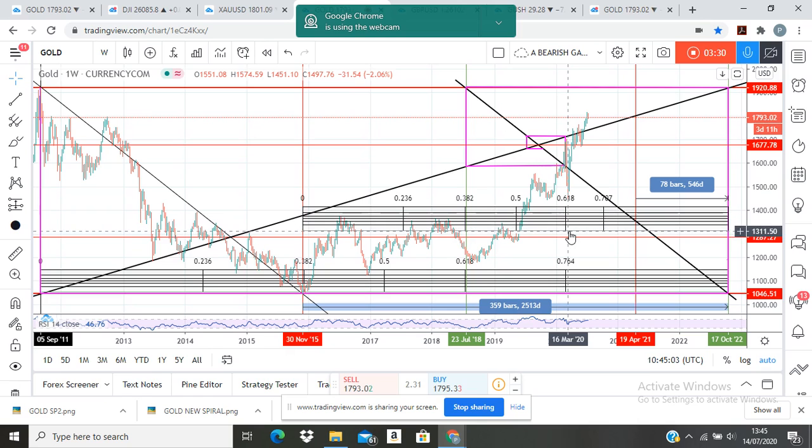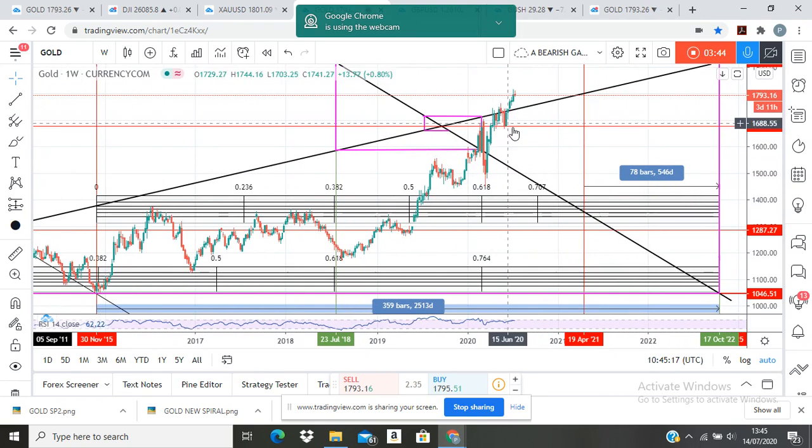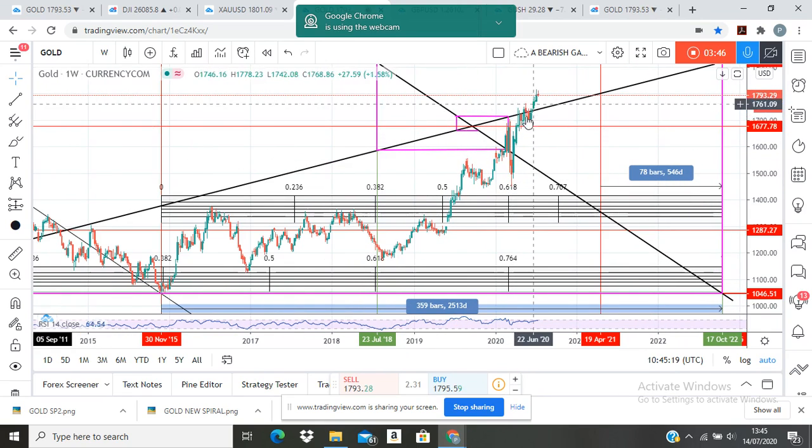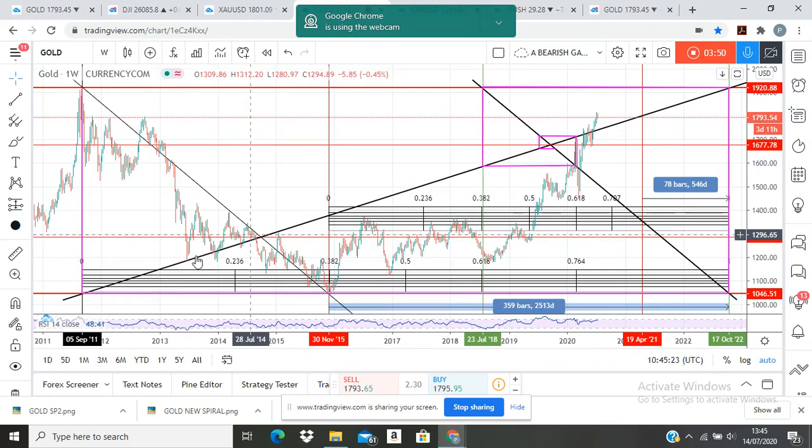That candle is where we had this sharp reversal which came down back to the 1450 level.